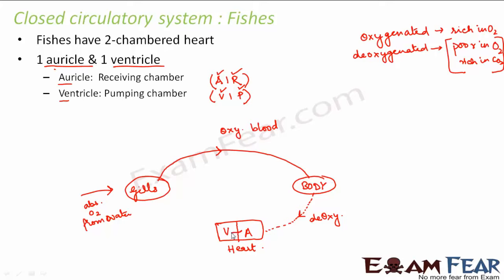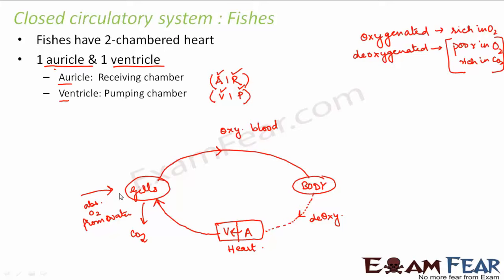Then the auricle will pass this deoxygenated blood into the ventricle, and then the ventricle will pass it to the gills again. So what will the gills do? The gills will send the carbon dioxide outside, and take in the oxygen.